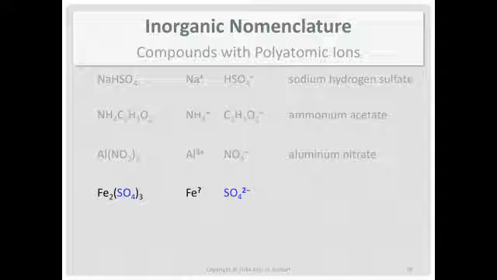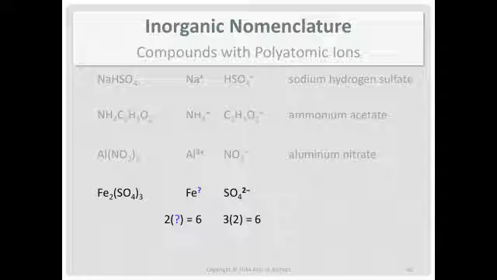So go back to the chemical formula. In that chemical formula, there are 3 sulfates listed, and each sulfate has a 2 minus charge. So we have a total negative charge of 6, which means we have to have a total positive charge of 6. In the chemical formula, there are 2 irons listed.